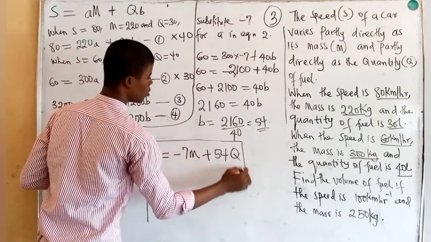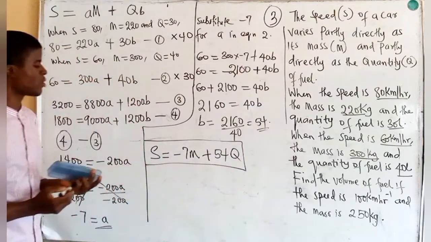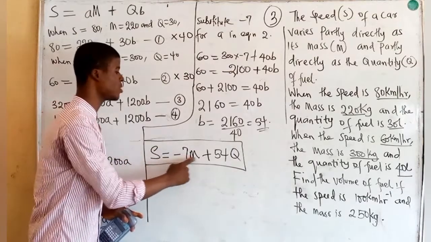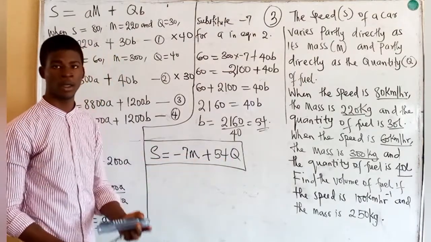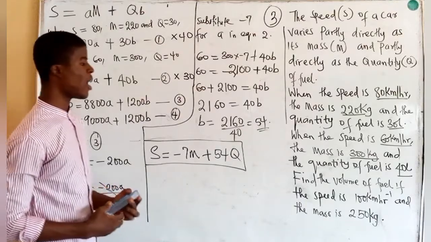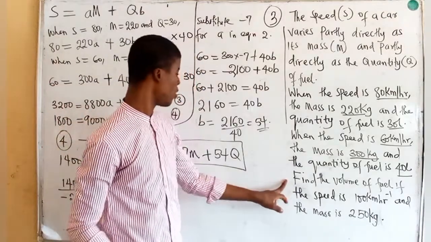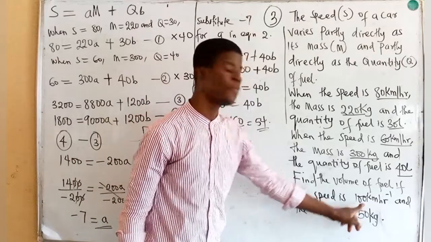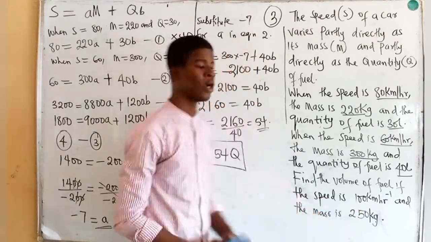Although we are not asked for this, we are supposed to get this. This is the equation that connects the speed, the mass, and the quantity of fuel, as far as this problem is concerned. Now, we are asked to find the quantity of fuel when the speed is 100 km per hour and the mass is 250 kg.